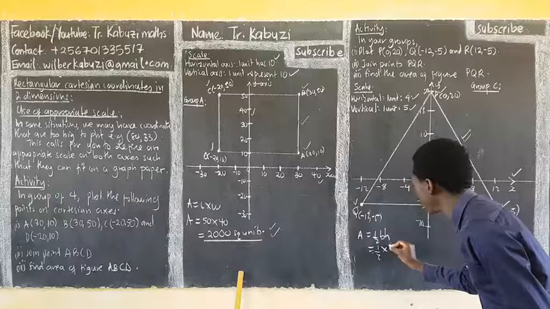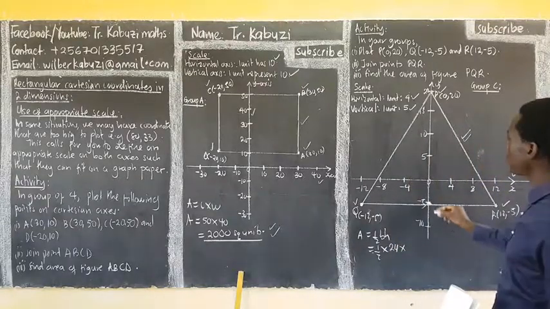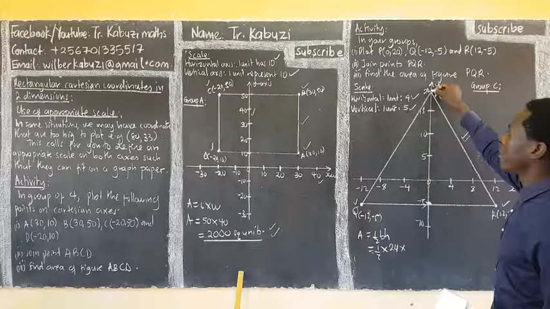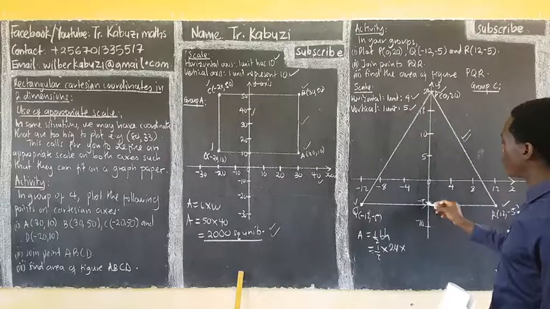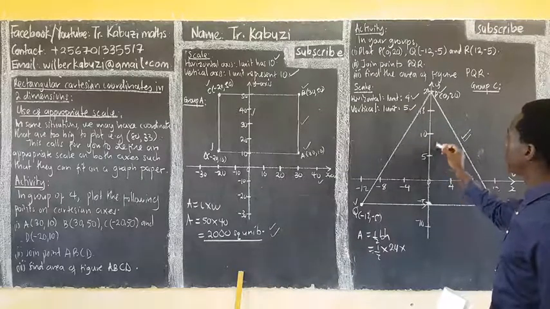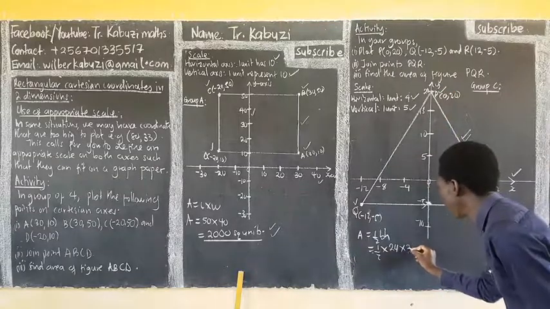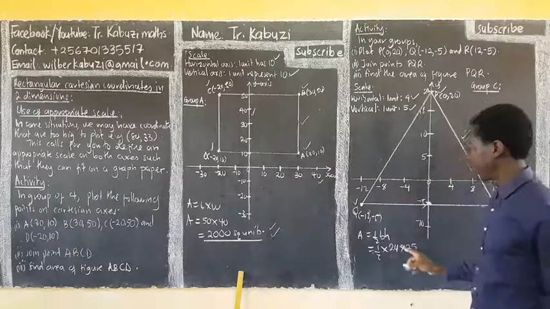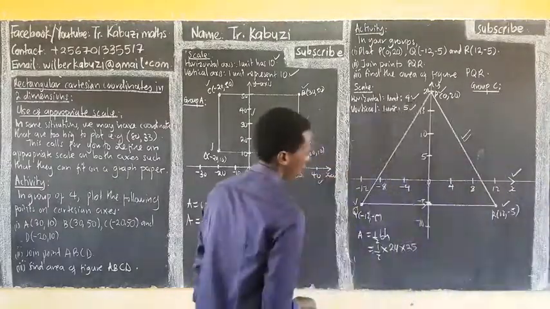The base is 24. Then the height, you count from here: 1, 2, 3, 4, 5. So 5 times 5 is 25, or you count 5, 10, 15, 20, 25. Yeah, this one they have right. The base was supposed to be multiplied by 4, so that's the error they made.